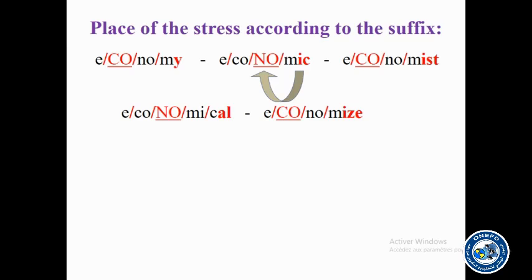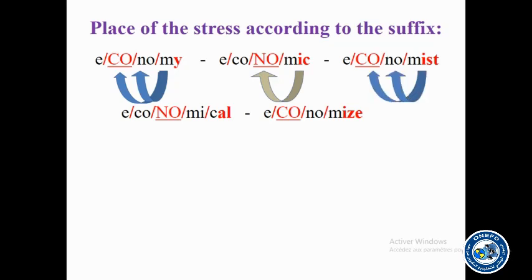Now, if you go to economy, it is not no, but it is co. So, two syllables before the suffix. So you see the difference? When we have suffix "ic", the stress is before the suffix. When we have "y", the stress is two syllables before. Is it one before or two before?